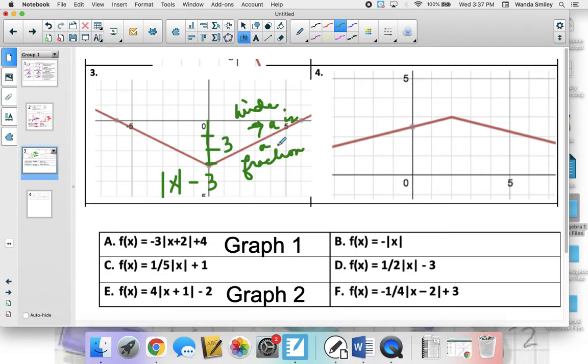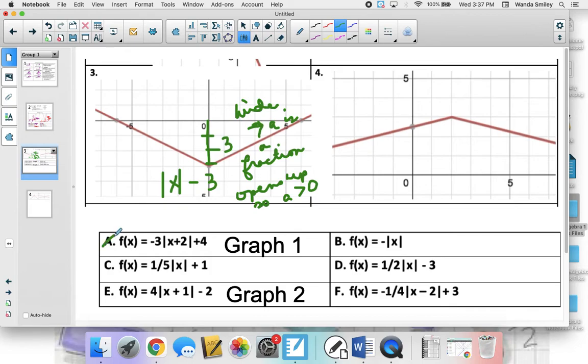It's up, so A is positive. So A is greater than 0. Okay? So I want a positive, and I only want an x inside the absolute value symbol.